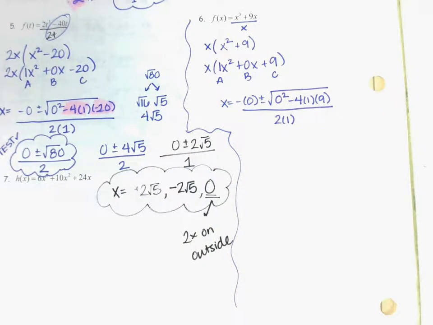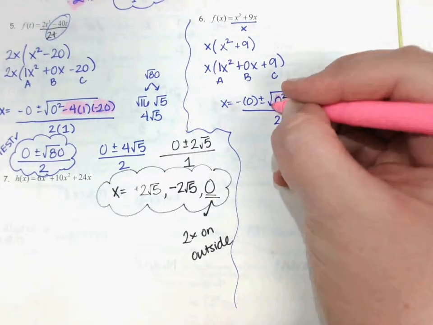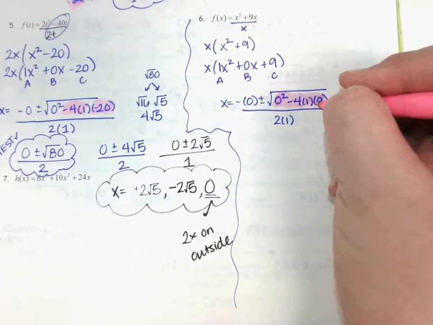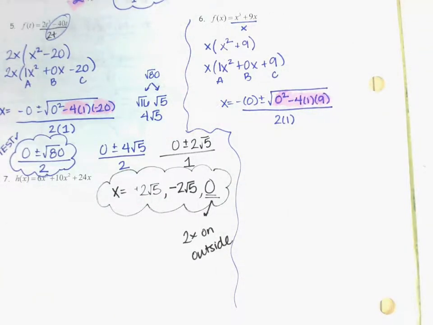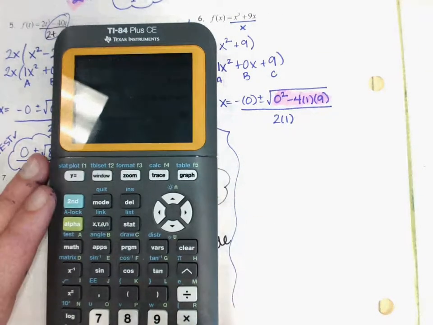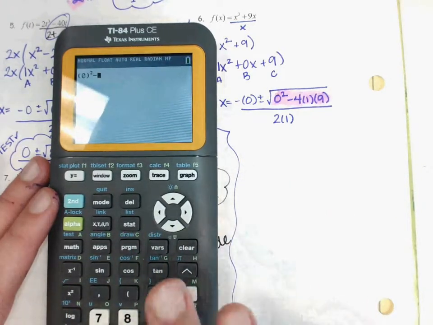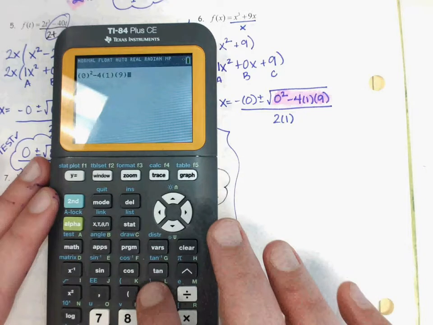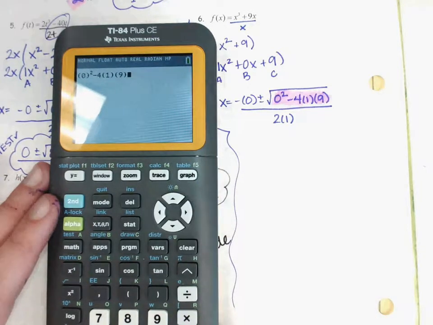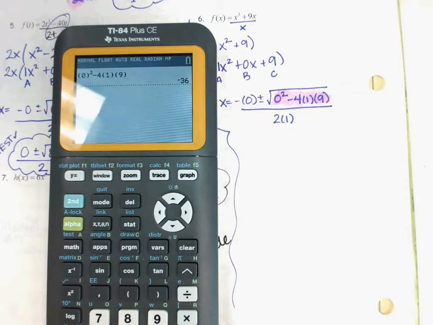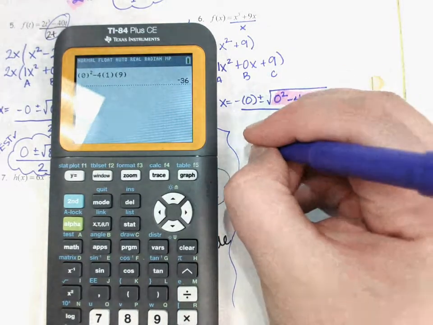Okay, then from there, remember, since we're getting imaginaries, we're going to type in only this part into the calculator. Not the square root, just the middle. So I'll have 0 squared. Really, you could not put that and it wouldn't make a difference. Minus 4 times 1 times 9. So type it in. Make sure you get negative 36 is what I got. Good?